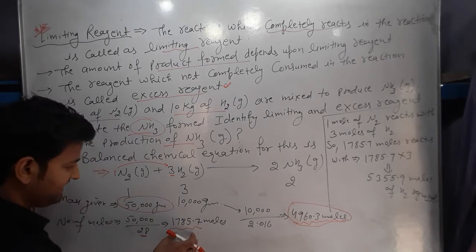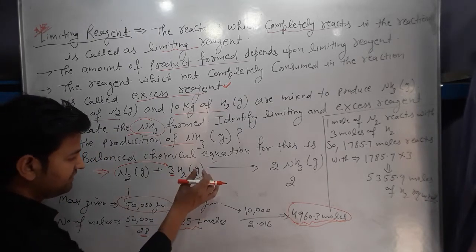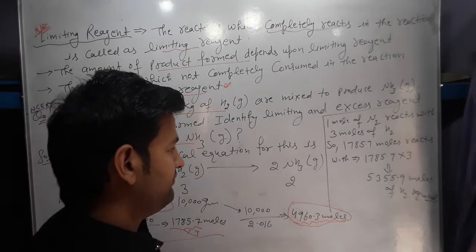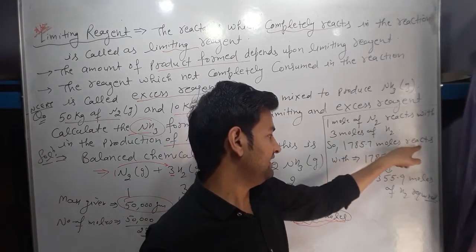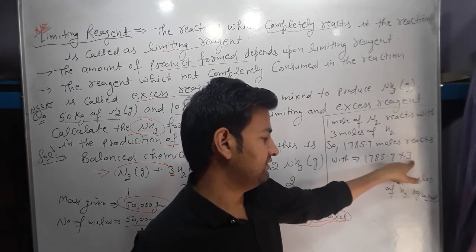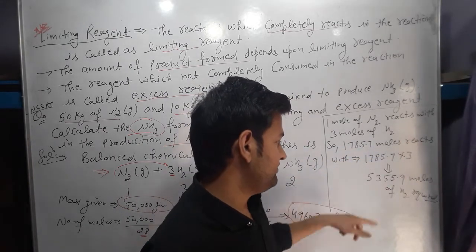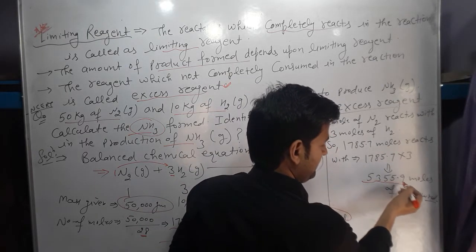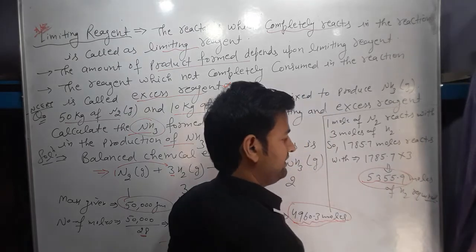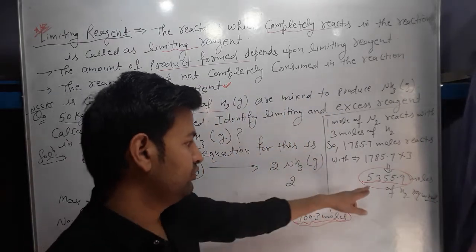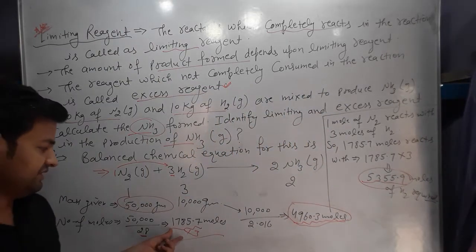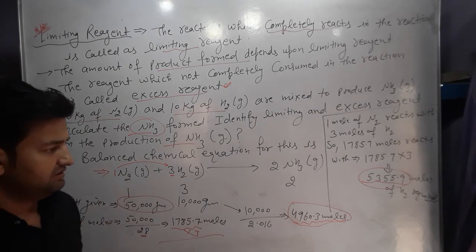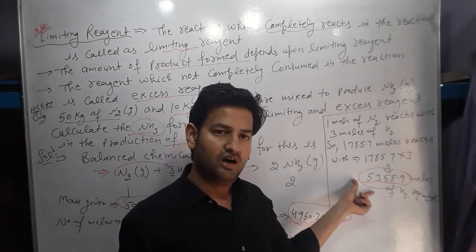If it reacts completely, the number of moles of hydrogen required should be thrice of this. So 1785.7 multiplied by 3 gives 5355.9 moles of hydrogen required to react completely with 1785.7 moles of nitrogen.